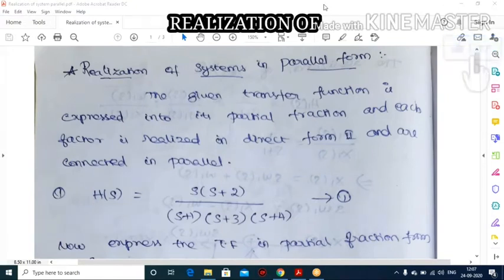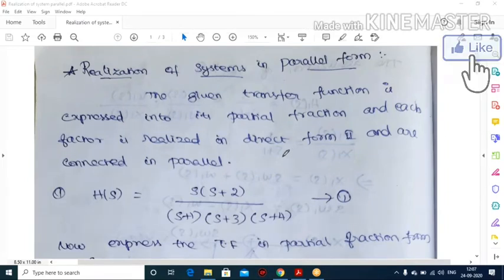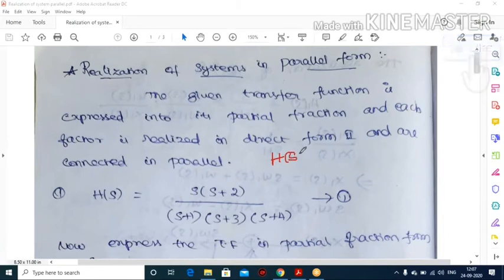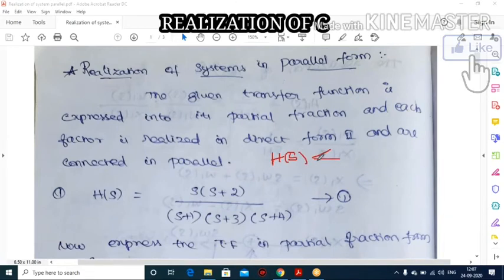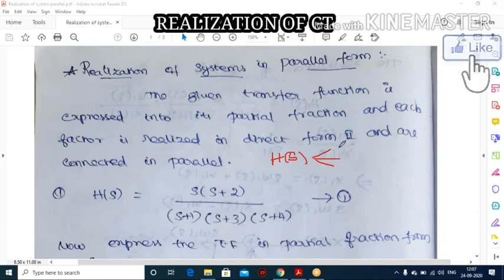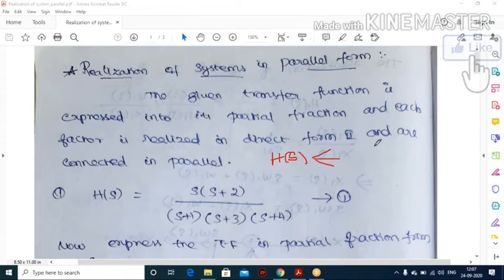First, this is your H of S. If H of S is given, you decompose it into a number of factors, like H1, H2, H3, using the partial fraction method. Finally, you place all the blocks.